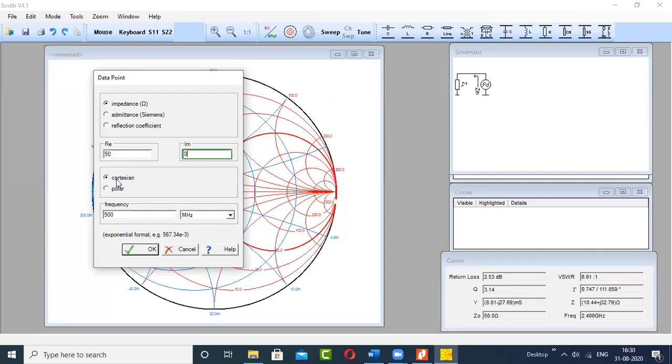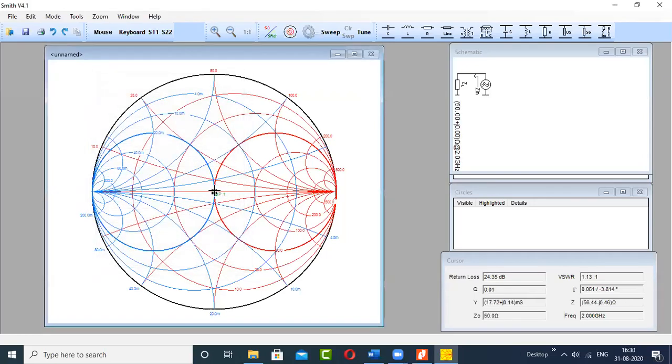And here, of course, you choose the Cartesian or polar form of the data you are having. We are having real and imaginary terms, so it is Cartesian. That's why I have selected Cartesian. So that selection has to be proper. But if you have polar data, with magnitude and angle information, then you select polar. Frequency is 2 gigahertz, so I will make it 2 gigahertz.